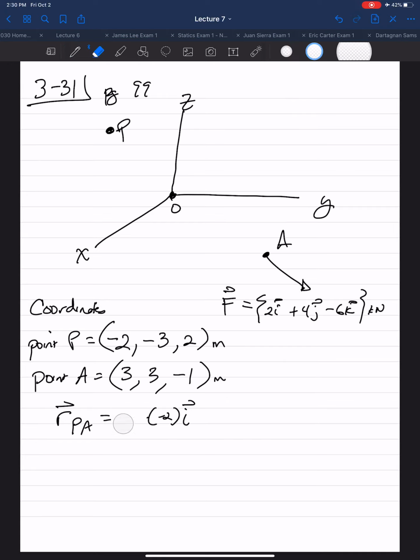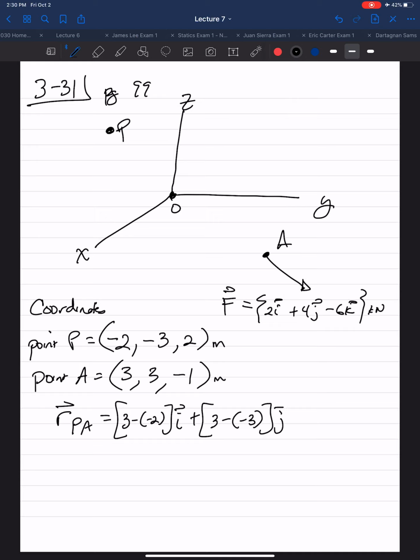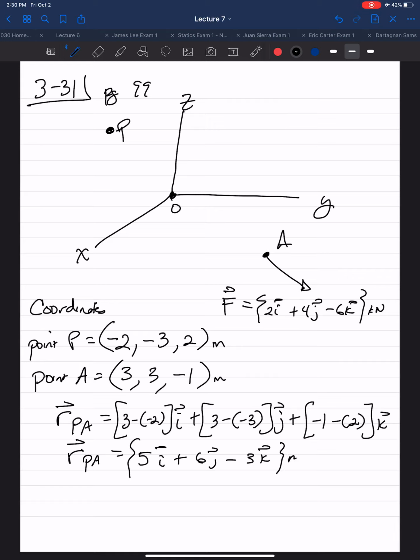I'll use brackets here so it'll be a little bit clearer. 3 minus a -2, i, plus 3 minus a -3, j, plus -1 minus 2, k. R_PA would be 5i plus 6j minus 3k. It's meters.